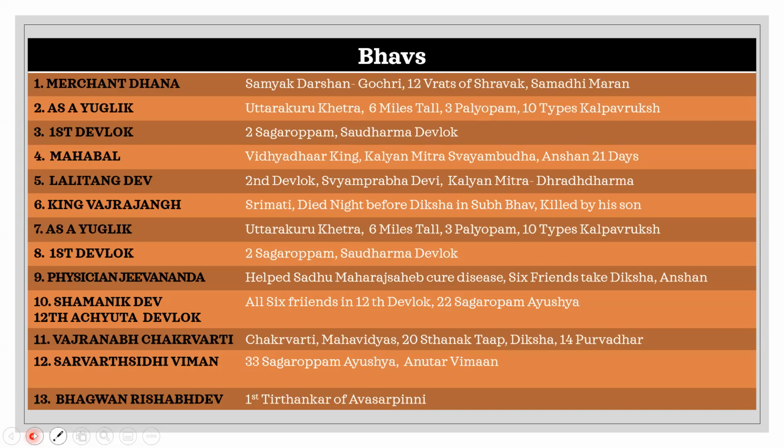He does Vandan to the Mata, does Tron Pradakshina to the Bhagwan, and he interprets the meaning of the dreams. So Saudharma Indra says, the sight of the bull in your first dream means your son will be able to lift up the chariot of Dharma sunk in the mud of Mithyatva. So that is the meaning of the first dream.